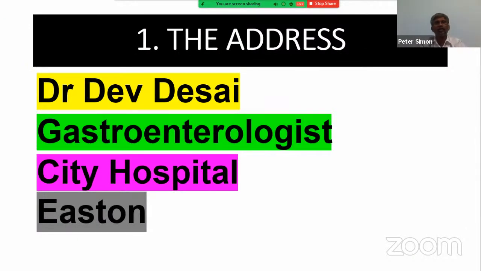First line, Dr. Dev Desai. Second line, gastroenterologist. Third line, City Hospital. Fourth line, Eastern. If the name of the street is there, then you can write the name of the street. Otherwise, no need. So this is how you will go for the address.